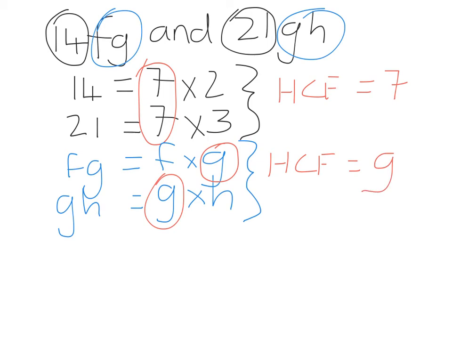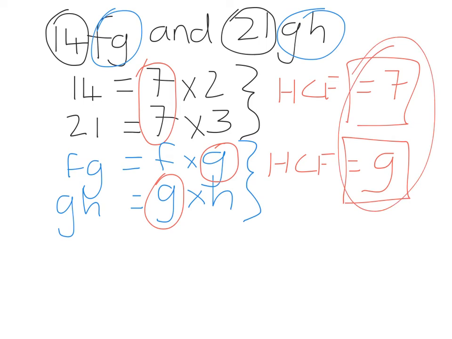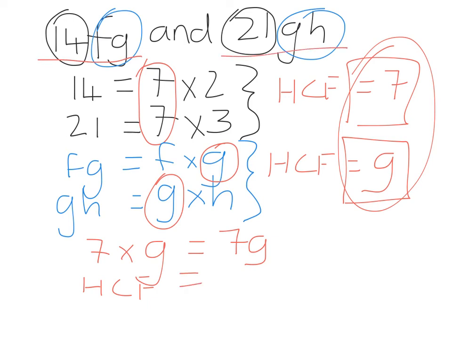All right, we found our number highest common factor, and we found our variable highest common factor. All that's left to do now is our third step, which is to multiply these two together. 7 times g is equal to 7g. So our highest common factor for 14fg and 21gh equals 7g.